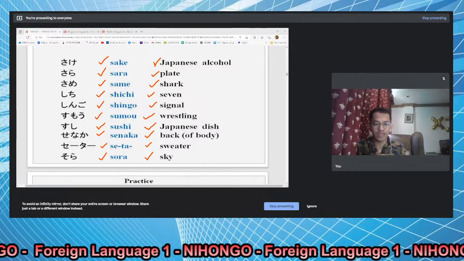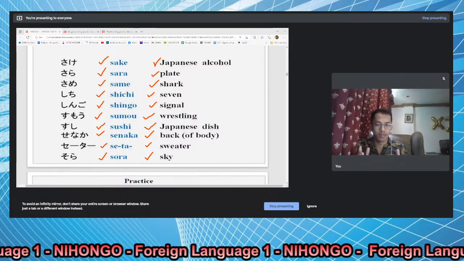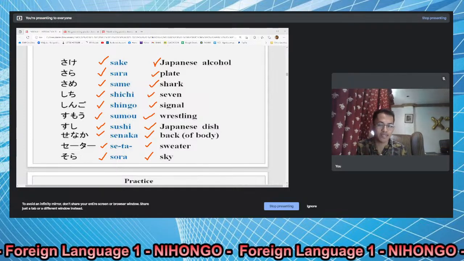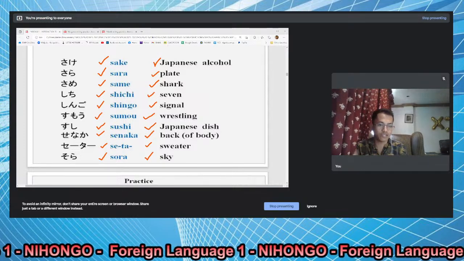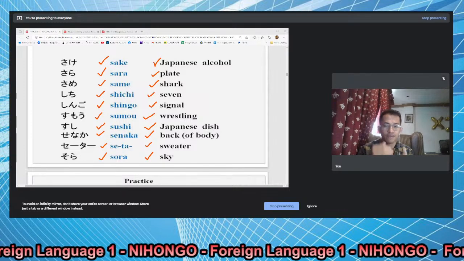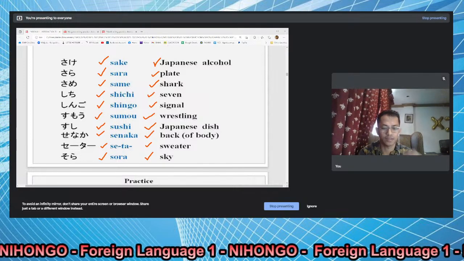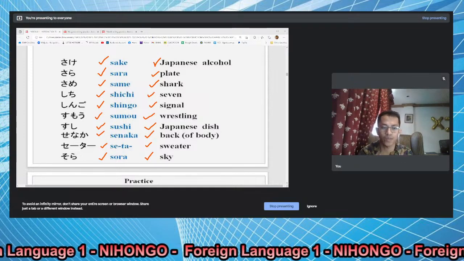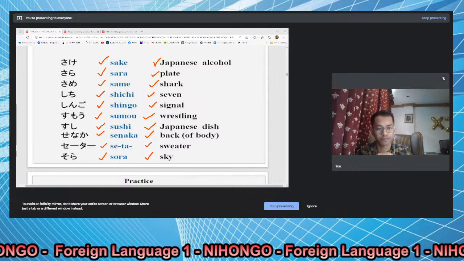I will give you enough time to study this vocabulary words kasi kasama yan sa exam ninyo, including the first lessons that we had. Okay? But your writing practice sheet, the deadline will be on the 12th. Ayan, nag-set na ako ng deadline ha. October 12.